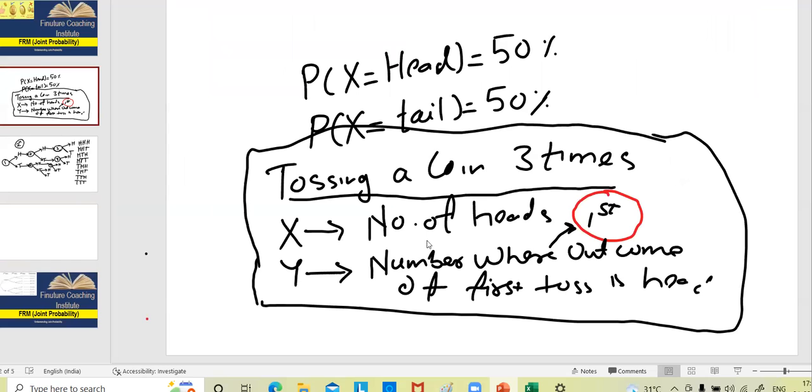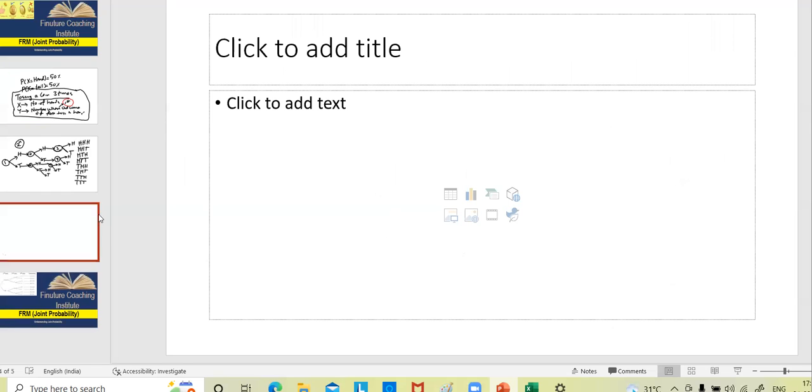Now coming back to our question, we want to know the joint probability distribution of variables x and y, wherein x is the number of heads and y is the number of tails. So if I were to plot the tables, just a minute.